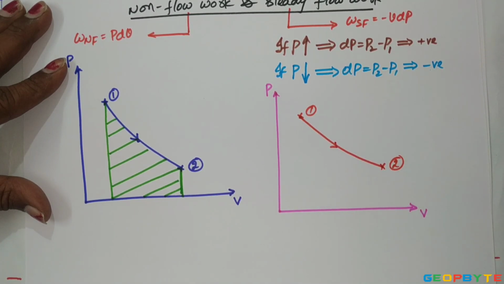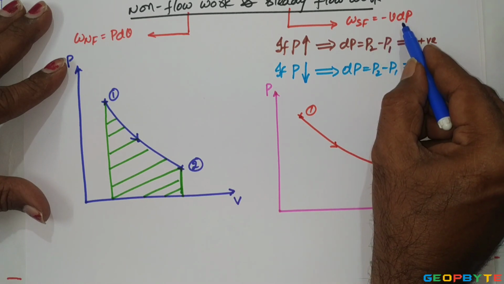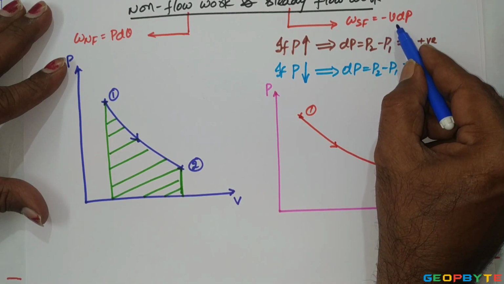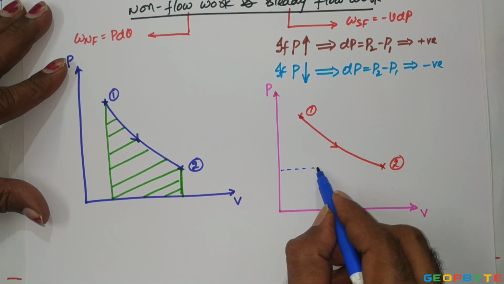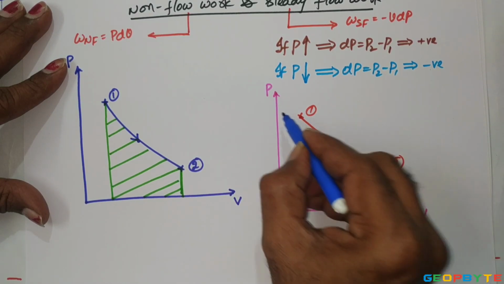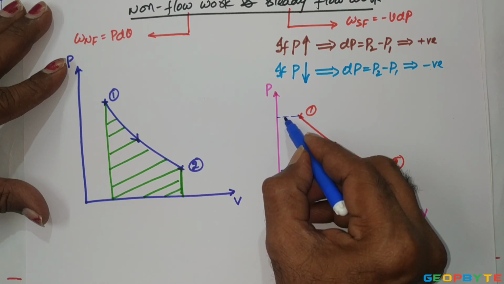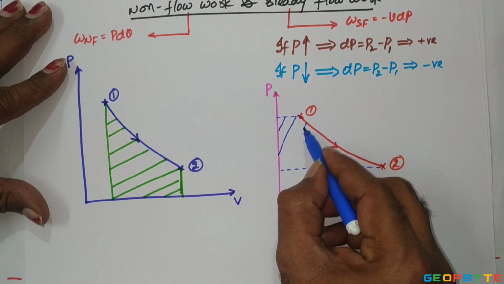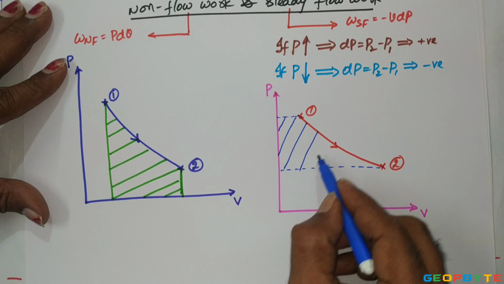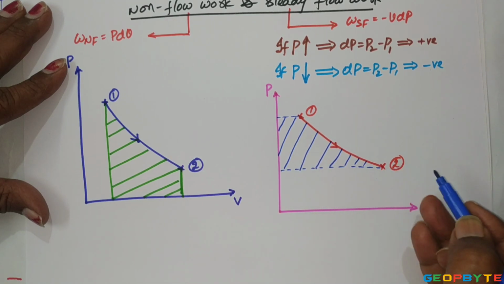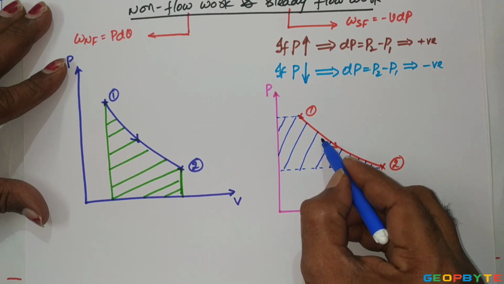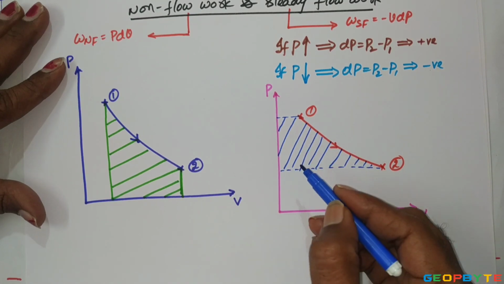You know, steady flow work is equal to minus VdP. Therefore, the area towards the pressure coordinate is equal to steady flow work. Area towards the pressure coordinate, or area behind the PV diagram, is equal to steady flow work.